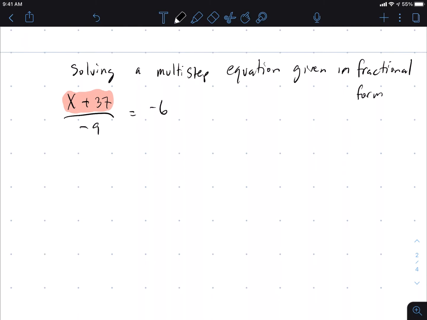So what is the -9 doing to the red piece? What does this symbol mean? Oh, dividing. Got it? So since it's dividing, what we need to do is multiply by that -9 to both sides. So I'm going to multiply by -9.